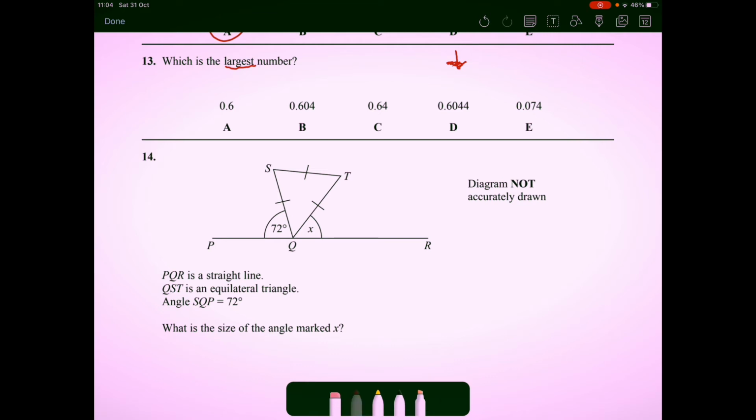I tend to recommend to people writing every single number stacked above each other like this, so you can really compare the place values. This particular question is actually, in my opinion, quite an easy one, but you could easily make mistakes on this. So these are the 4 numbers written out.